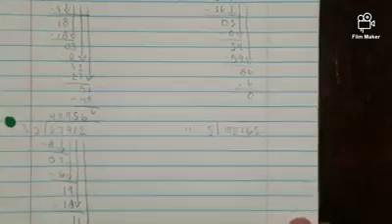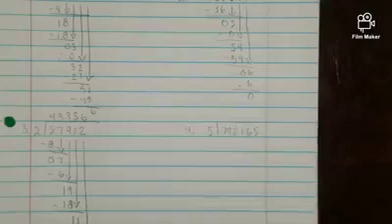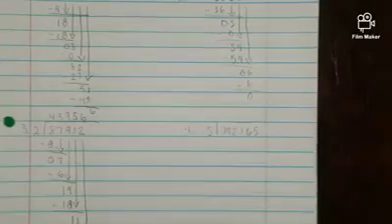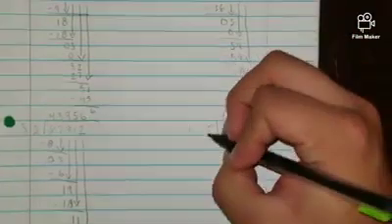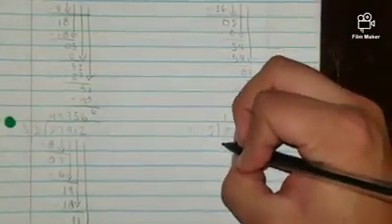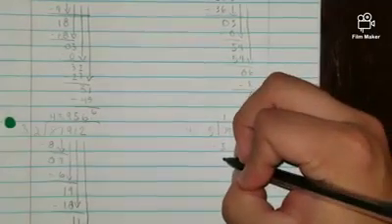And for our last example, we have 5 divided by 798,165. So first, we have to see if 5 can go into 7, which it can, one time. 5 times 1 is 5. We subtract. 7 minus 5 is 2.